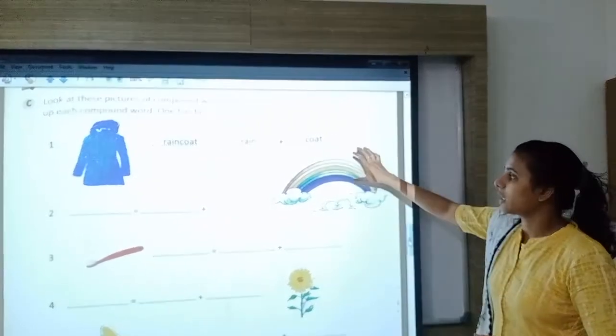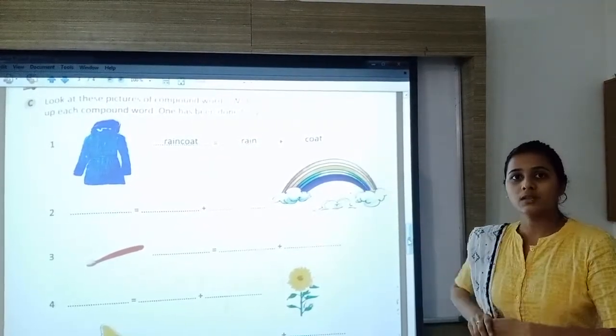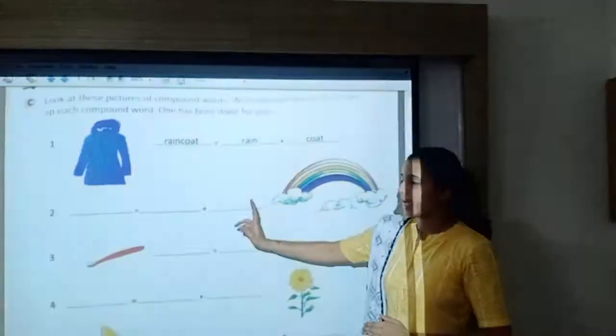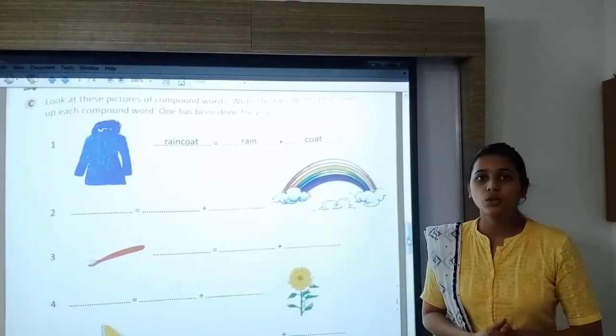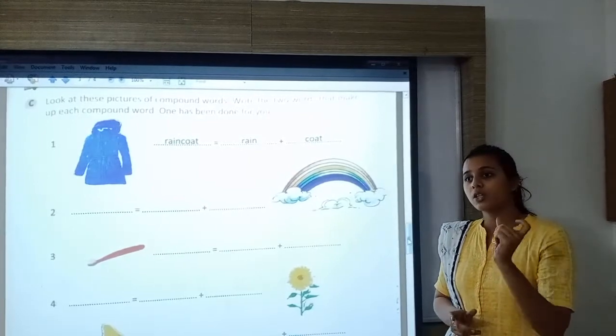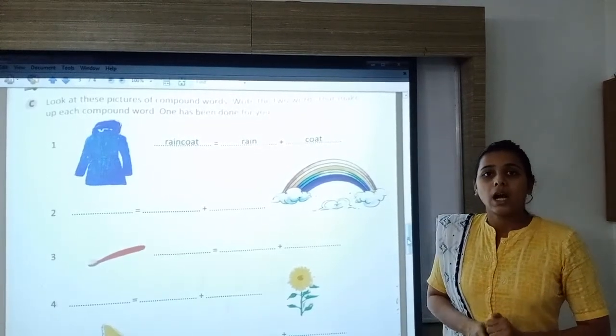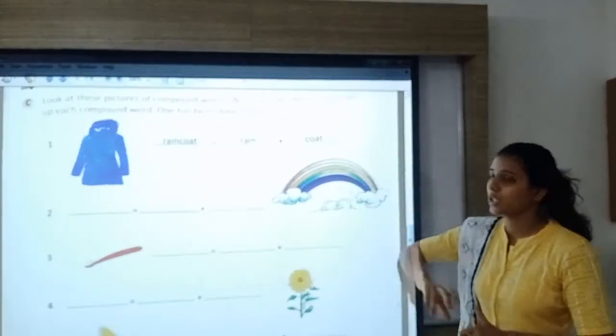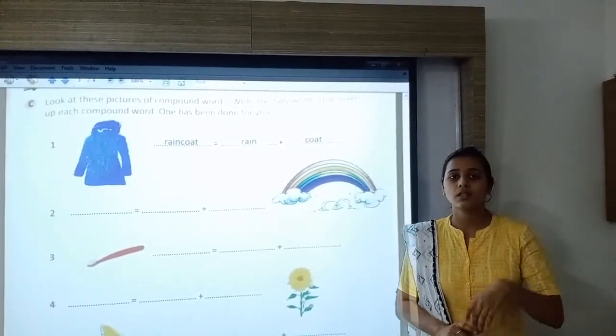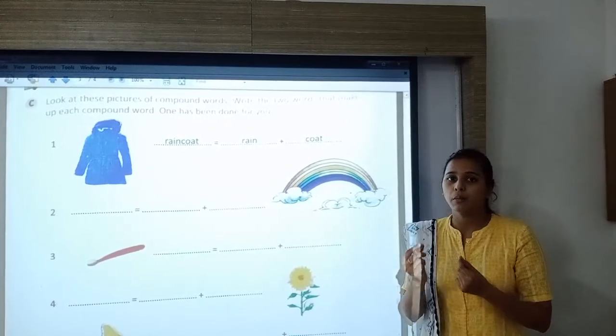So here rainbow is a compound word which is made from rain and bow. Next is toothbrush. Now toothbrush is again a compound word. How is it made? It is made by adding two different words. What are these two different words? Tooth and brush.